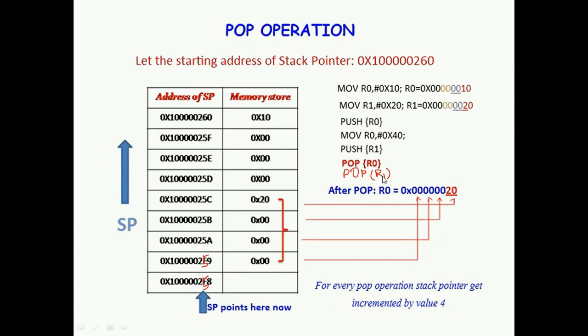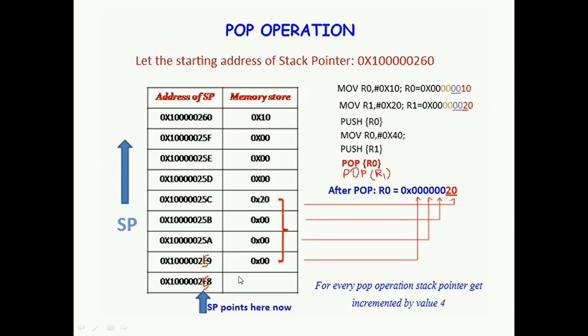So after pop on R1, this value, that is the original content of register R0, is restored into register content R1. Now how is it saved? Again from the LSB, 00, 00, 00, 10 at the LSB. So the R0 initial value is restored in register R1.